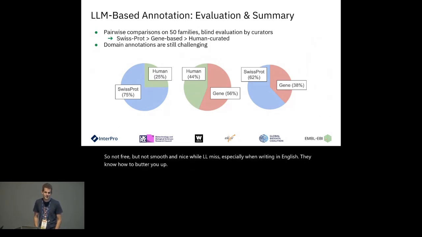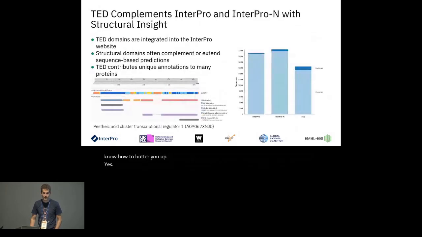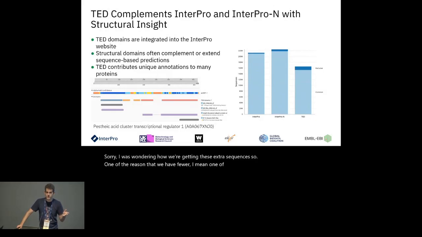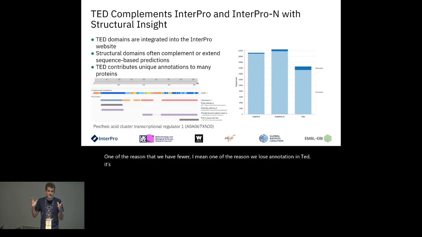And the last question was, you mentioned that you have more annotations in InterPro than TED. Where are you getting these extra sequences? One of the reasons we lose annotation in TED is because the AlphaFold database is kind of shrinking in size.